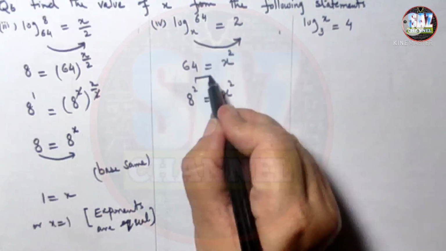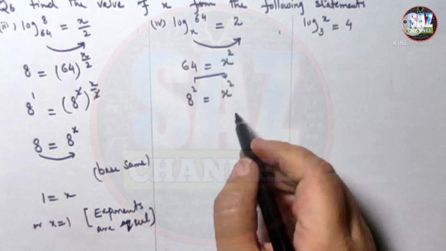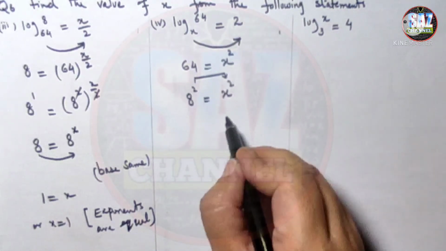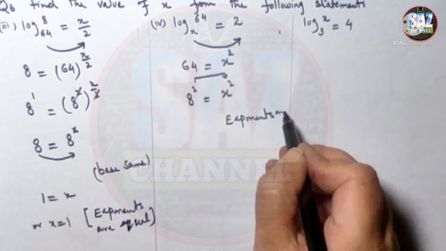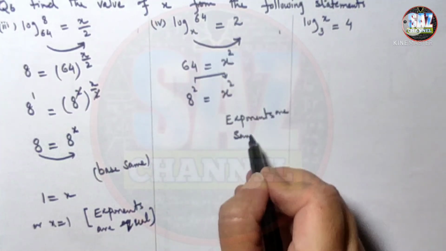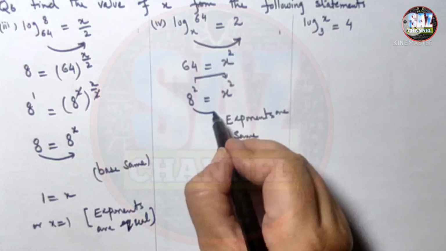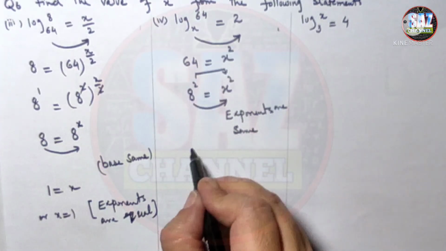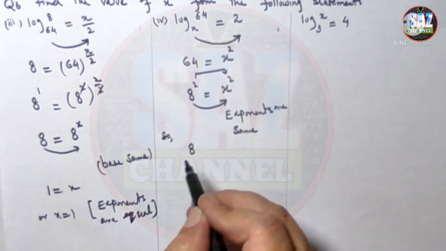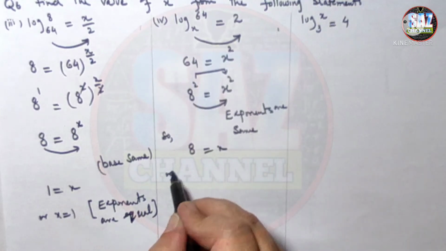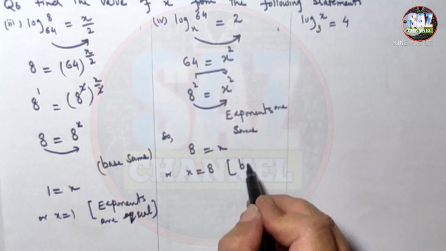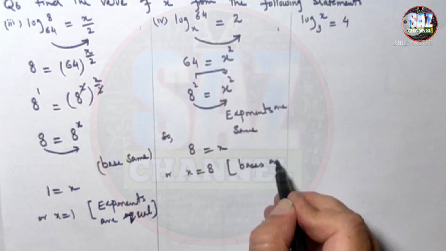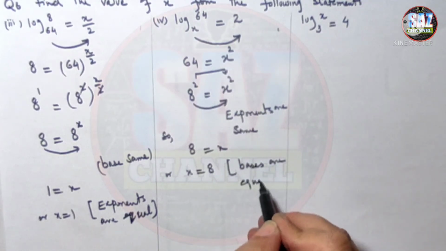Now the powers are the same, exponents are equal. So we can equate the bases. 8 equals x, or x equals 8. Bases are equal. This is the rule that we are applying.